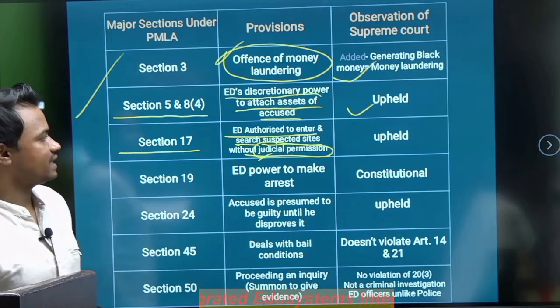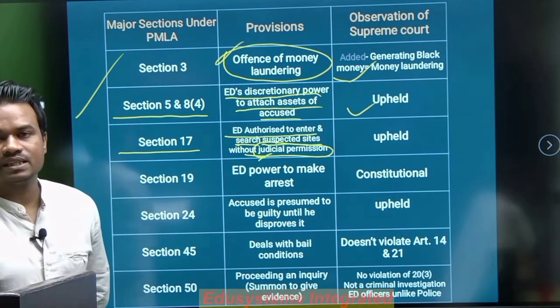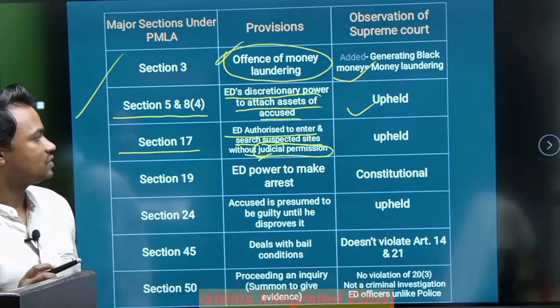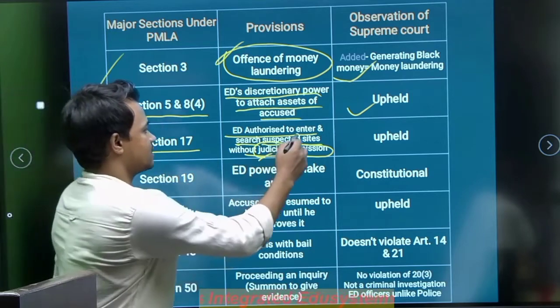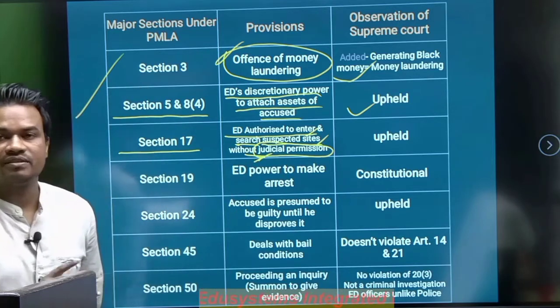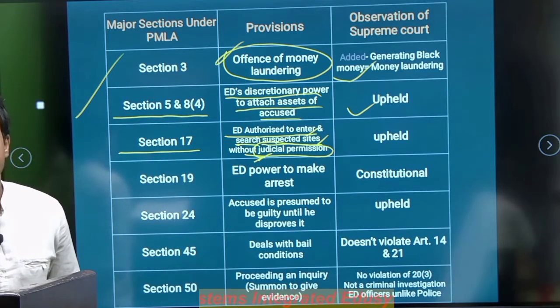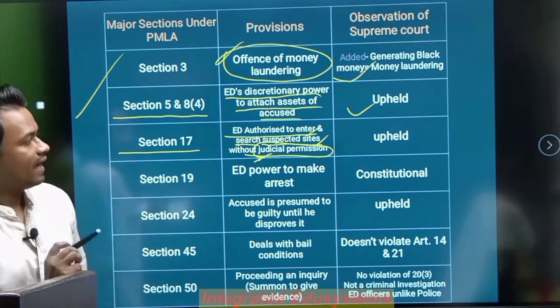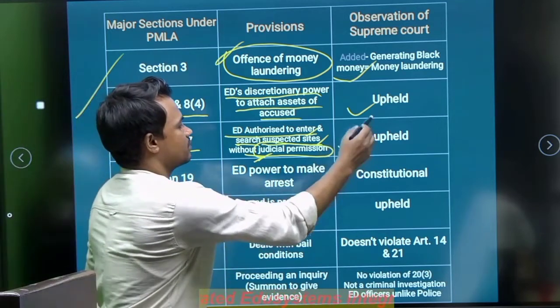But in this case of money laundering, the Enforcement Directorate is authorized to search and enter any suspected site even without judicial permission. These are very important and empowering provisions for the Enforcement Directorate, and that is upheld by the Supreme Court.